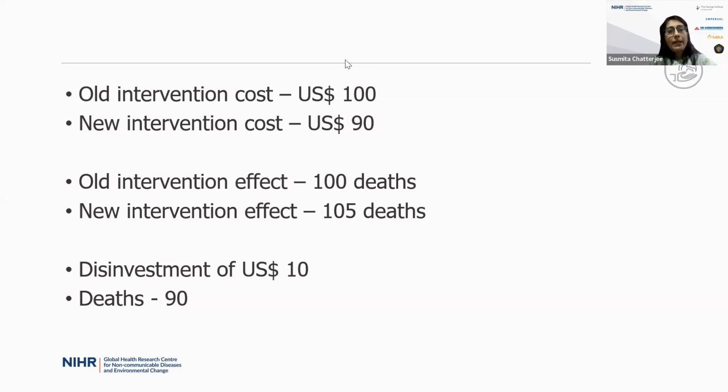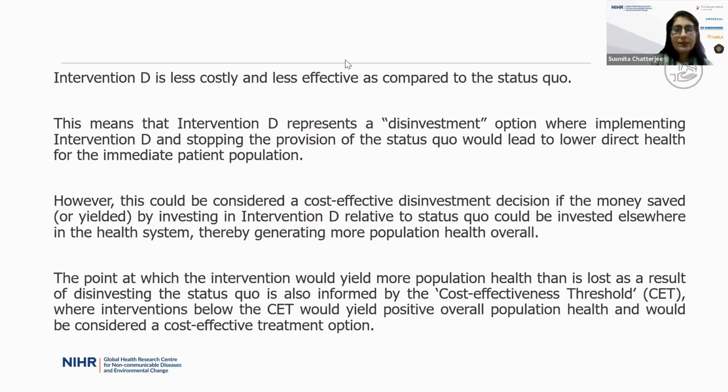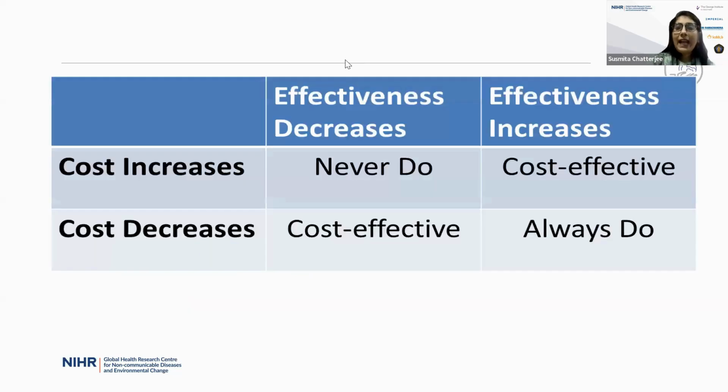When I use this $10, I actually make overall better health, and then whether to take this investment or the intervention or not will be decided by the threshold. So again, I'm giving you this table because this is exactly what it is saying. If the cost increases, effectiveness decreases, never do.